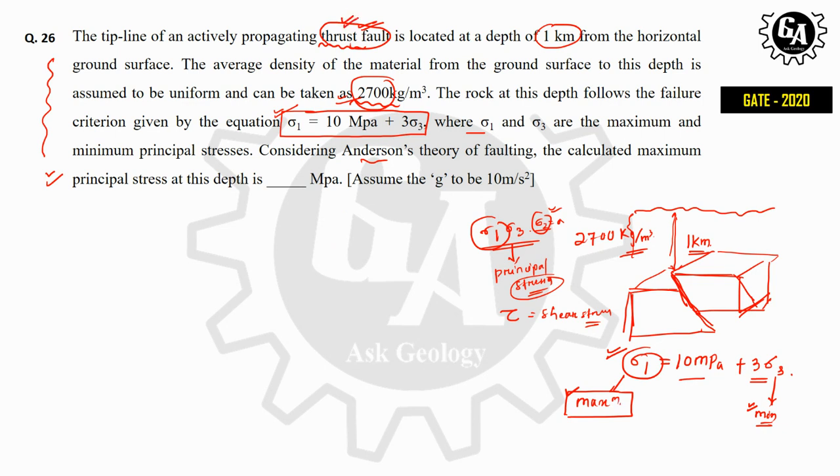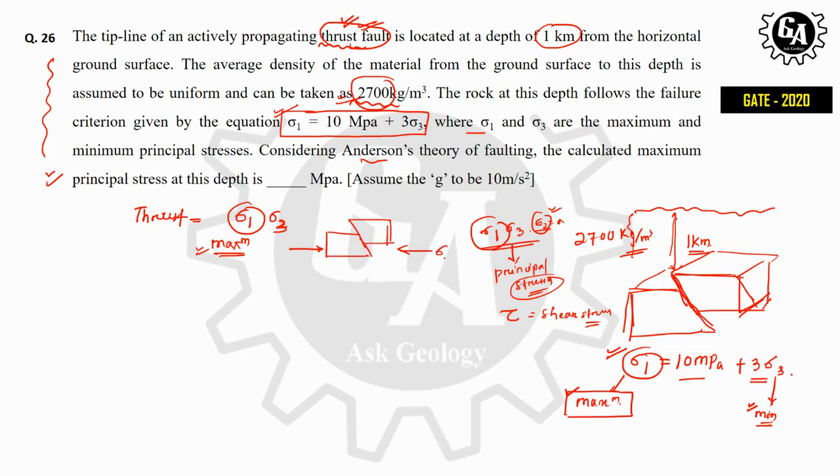It is a thrust fault. All of you know, for a thrust fault, what is the orientation of sigma 1 and sigma 3? Sigma 1 should be horizontal, because sigma 1 is the maximum principal stress with a greater magnitude. It will only move one block over the other when the magnitude is more.